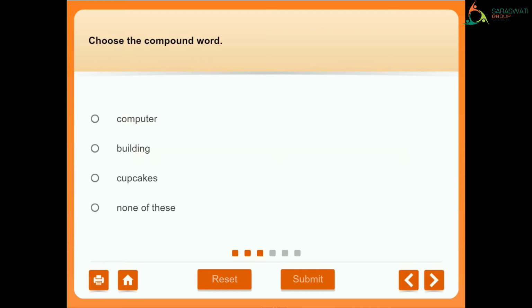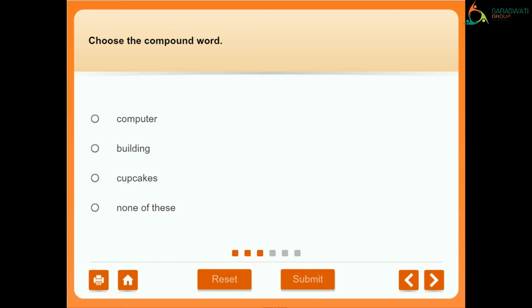Choose the compound word. The words which are given here are computer, building, cupcakes, or none of these. Now let me see which word is made up of two words. Computer, no. Building, no. And obviously it cannot be none of these.